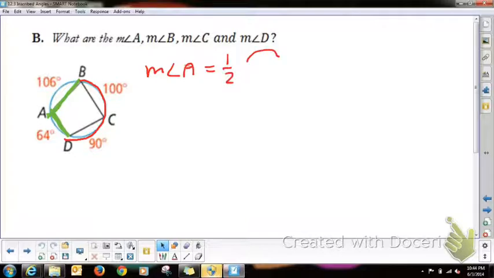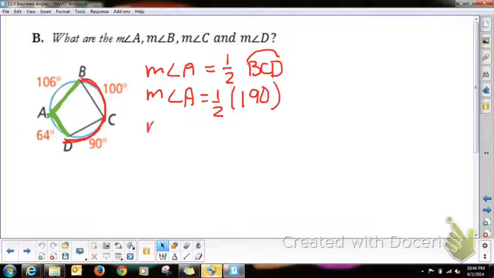Now remember that's a major arc because it's more than 180. So BCD, we'll name it by 3 letters. So the measure of angle A is equal to 1/2 of BCD. B to C is 100, C to D is 90. So it's half of 190.